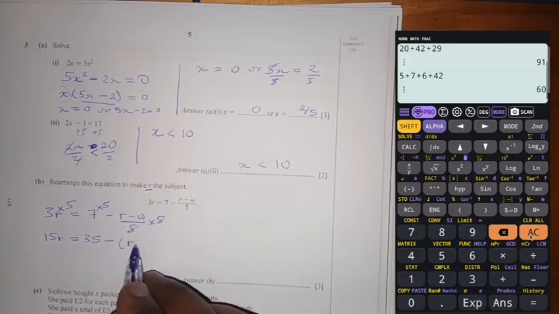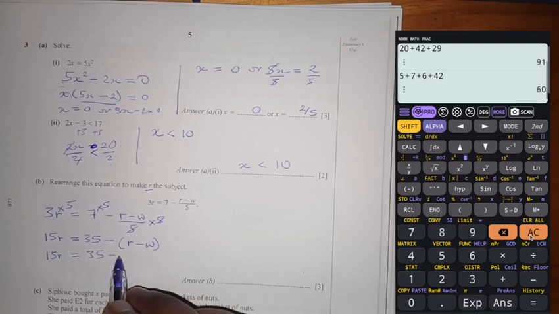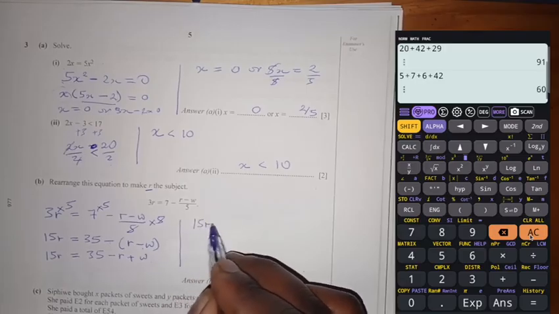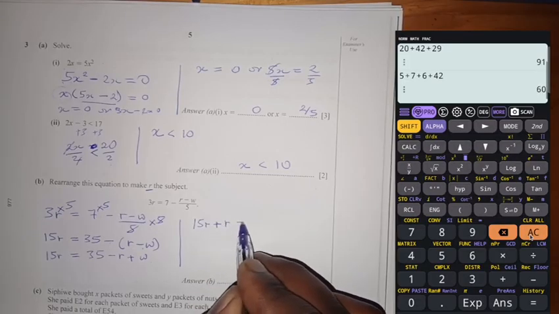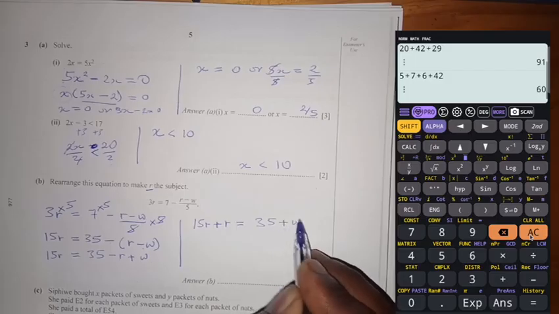Don't forget to put brackets here, otherwise you will have a problem. Then 15r equals 35 minus r. Then the negative 1 multiplied by the negative w gives you a positive w. Take this r to the other side, you will have 15r plus r equals 35 plus w.